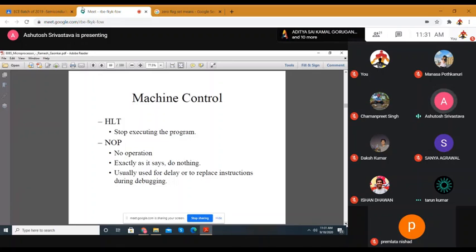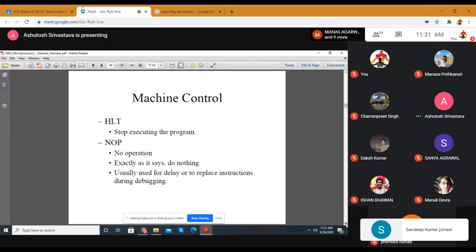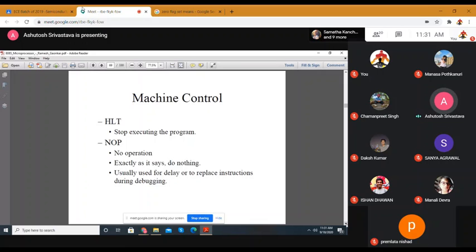This is an exclusive type of machine control which is used for a delay that is required during the debugging of your program.